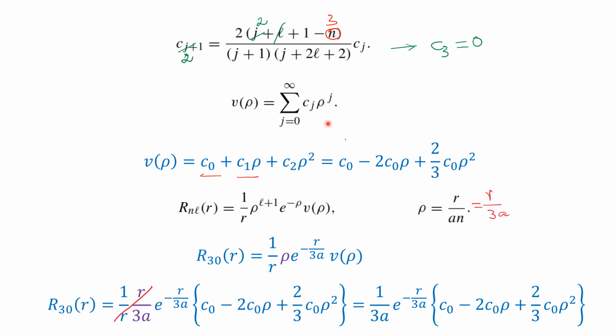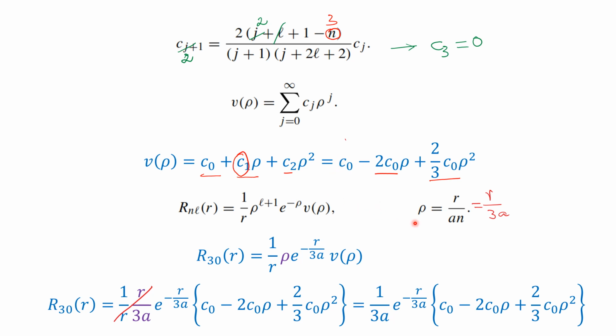From c3 onwards it is 0, so don't worry about those. So this can be expanded as c naught minus 2 c naught rho plus 2 by 3 c naught rho squared, because c1 is equal to minus 2 c naught and c2 is equal to 2 by 3 c naught, as we have just seen.